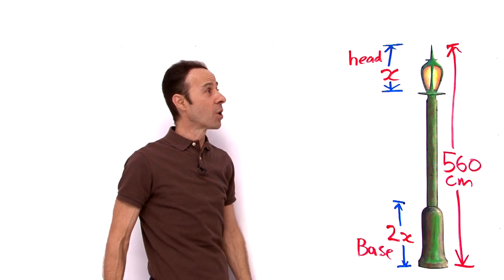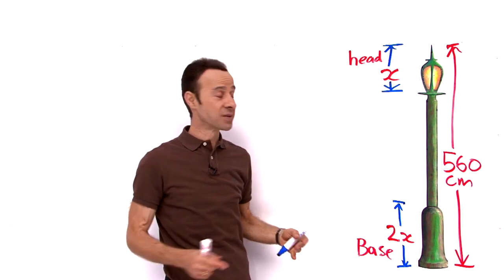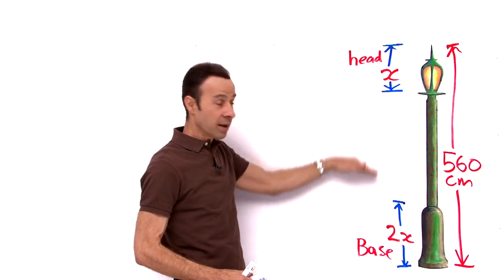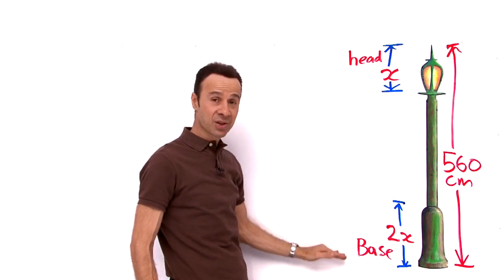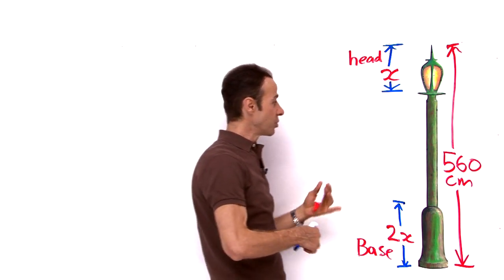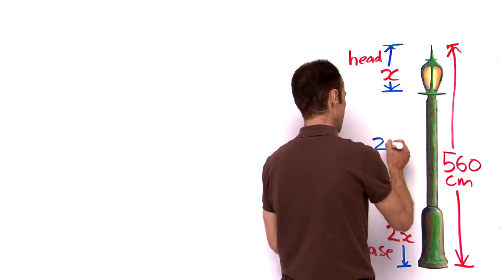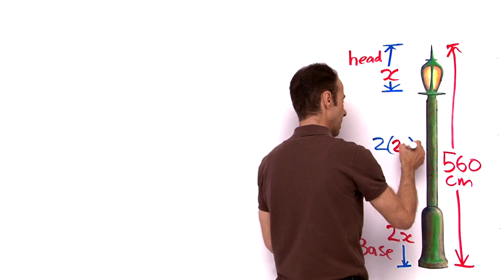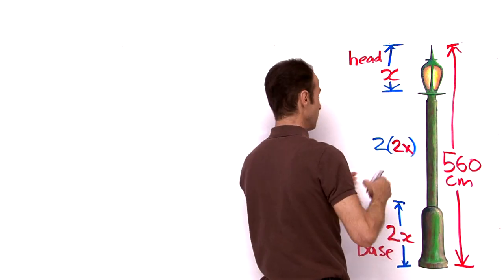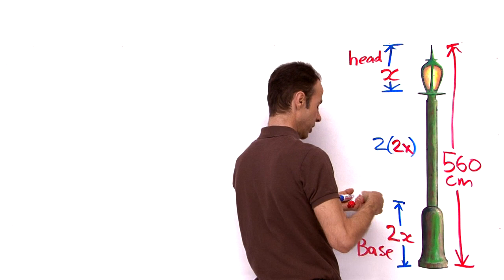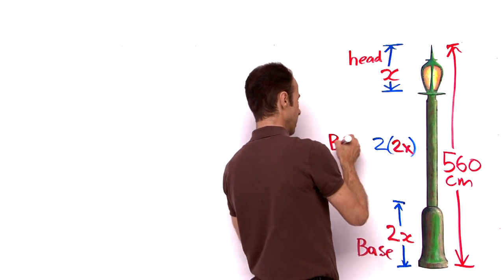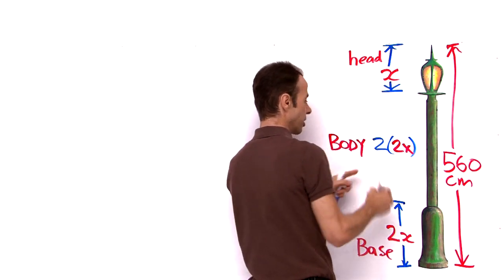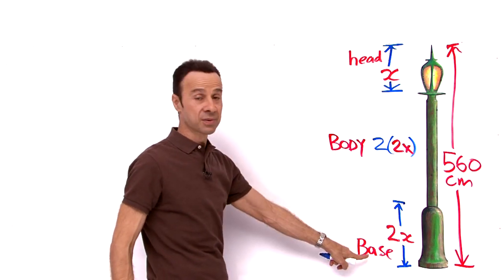The body of the lamppost is twice as long as its base. So the body is going to be twice of that, which means 2 times what's in there for the base, 2 times 2x. The body is going to be 2 times the base.